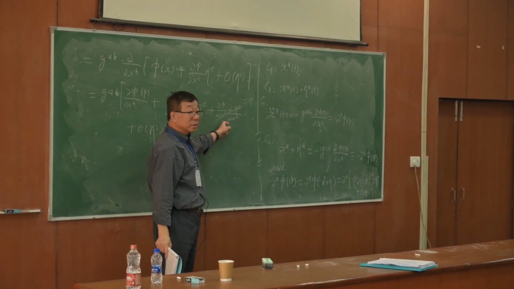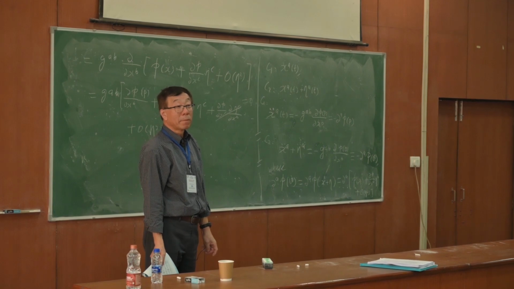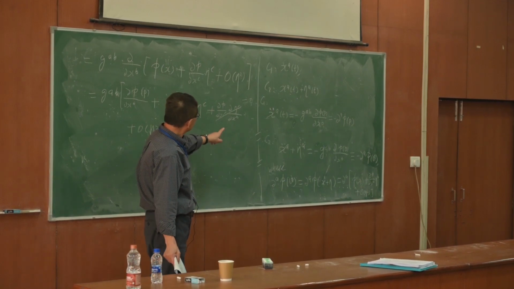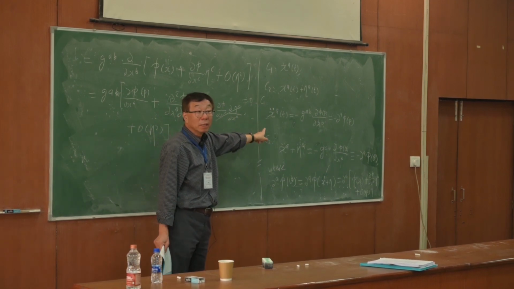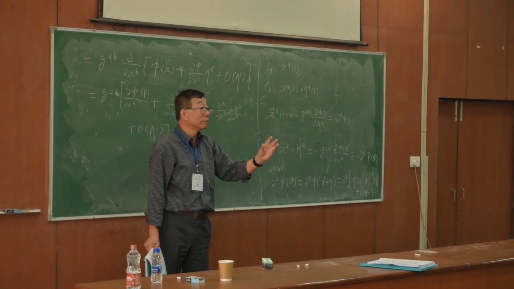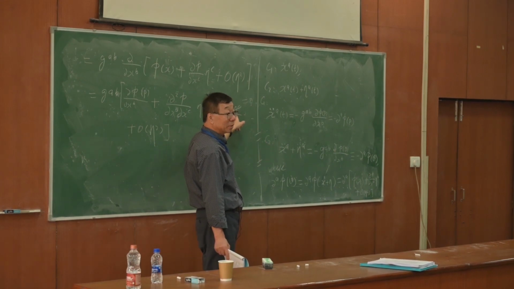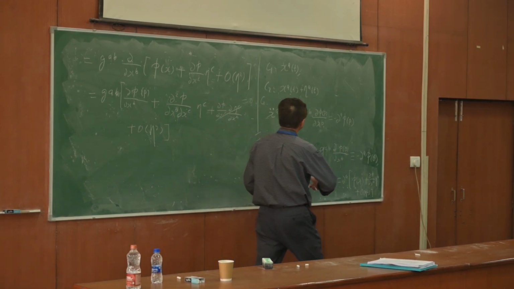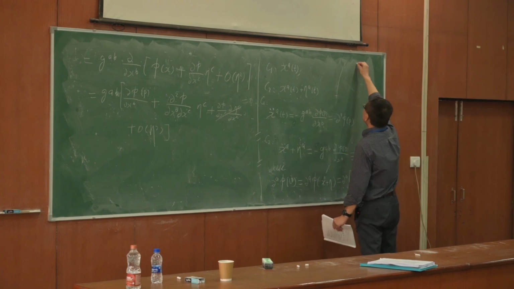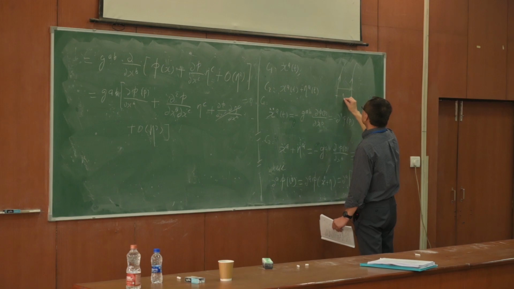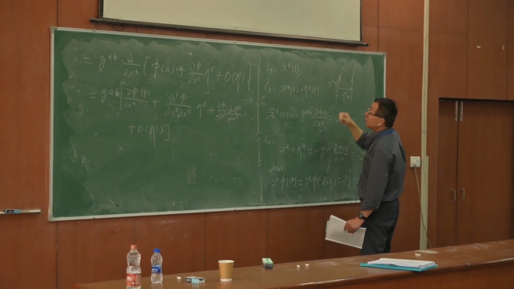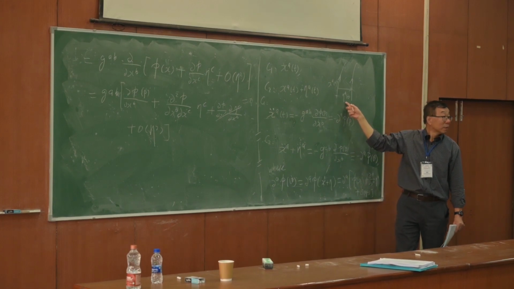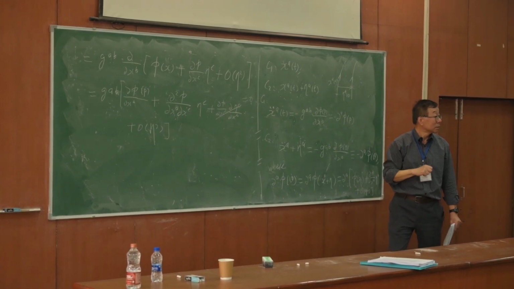Why does this equal 0? It is all a function of t, right? It doesn't depend on x, y, z. So that's why this equals 0. Remember, we consider two lines. This is my eta at, right? This is x at. So this doesn't depend on x, y, z, it depends on the difference.